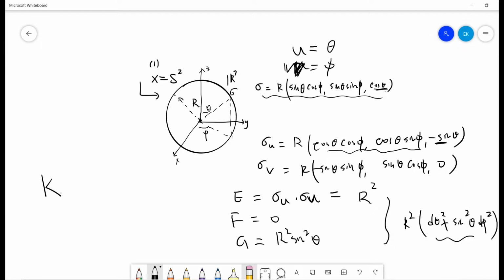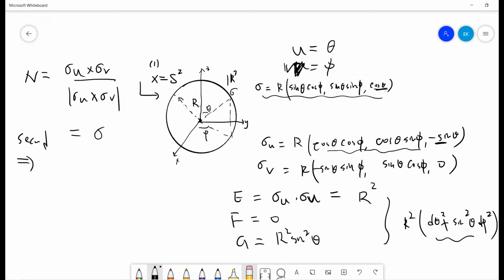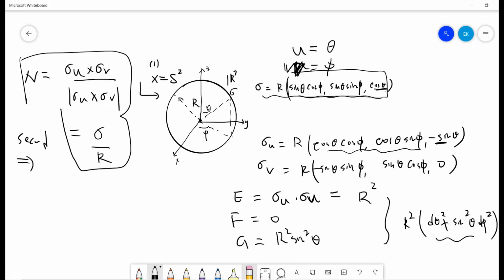Next we need to calculate the so-called second fundamental form. Basically you first need to compute n, which is sigma u cross sigma v. But if you see the picture, you know that n is indeed sigma divided by r, so you don't have to compute everything; you already have n.